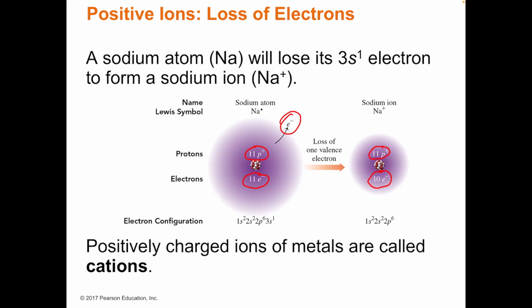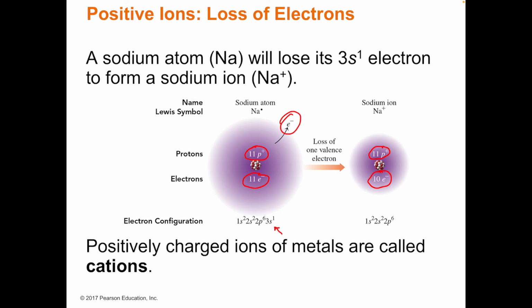If we look at the electron configuration, we have to see how losing an electron gives us 8 valence electrons. It's really easy to see it with the nonmetals, that we'll talk about in a minute, but it's a little bit stranger to see it with the metals. So if we look at the electron configuration for sodium, right now sodium has 1 valence electron. It has 1 electron in its outer shell.